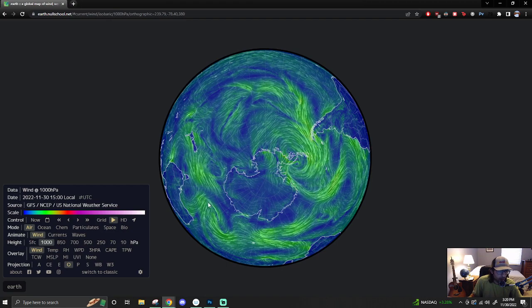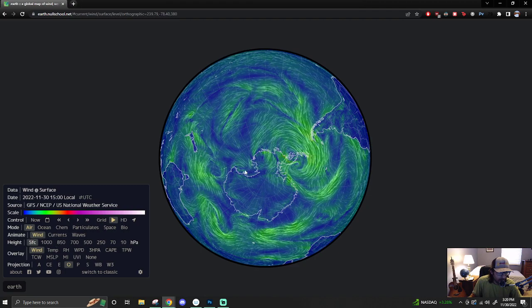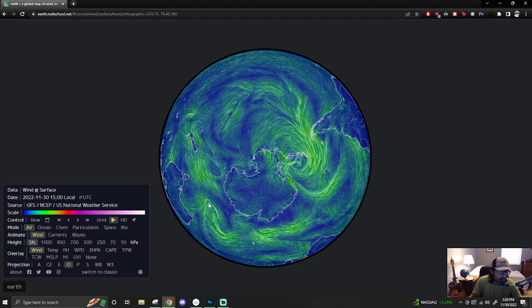And as we approach the surface, we really see the wind slow down over top of Antarctica.